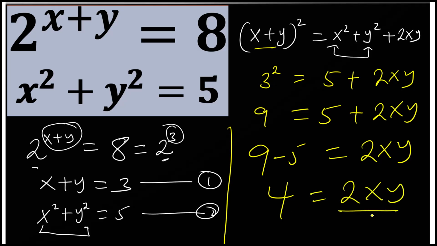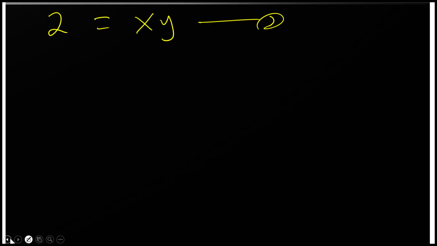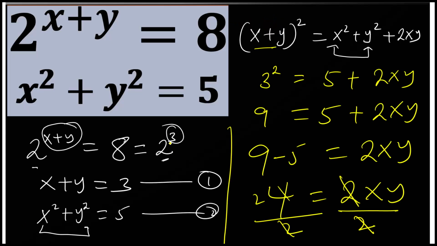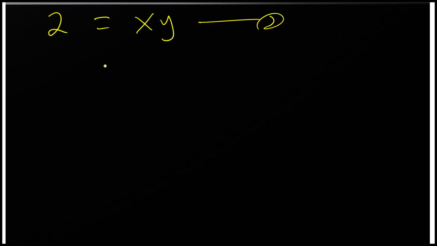So we can divide both sides by 2, so we have 2 equals xy. So we can call this one the third equation or the third expression, since we have this, that.